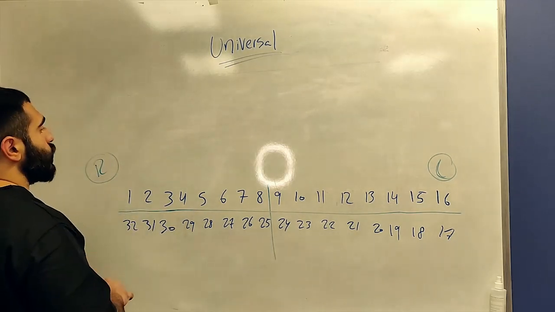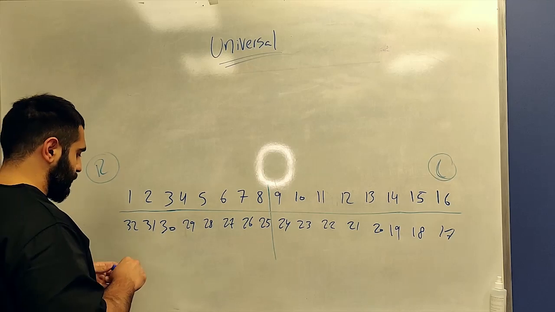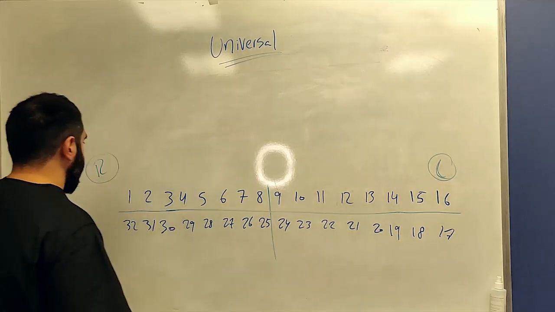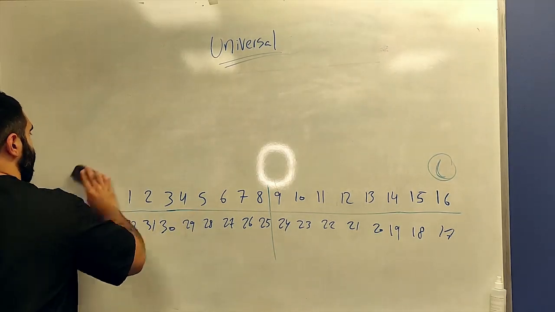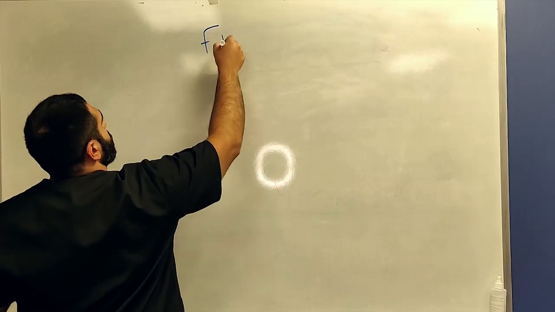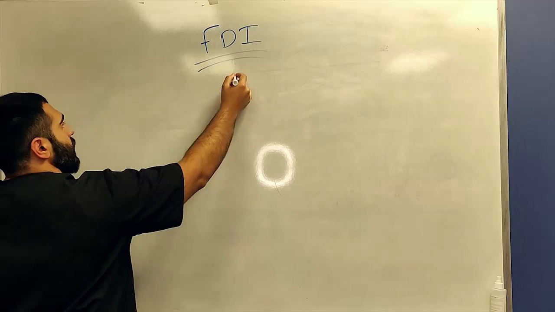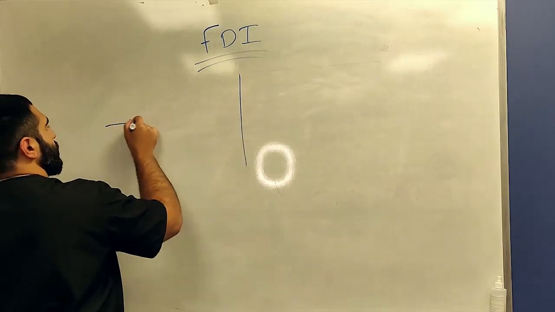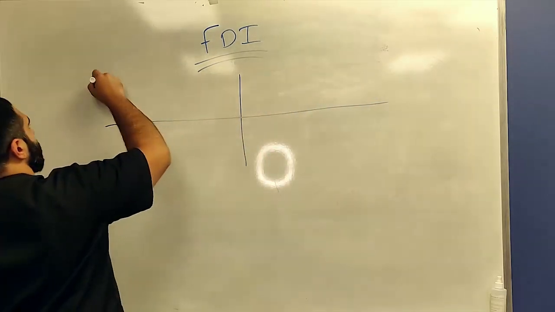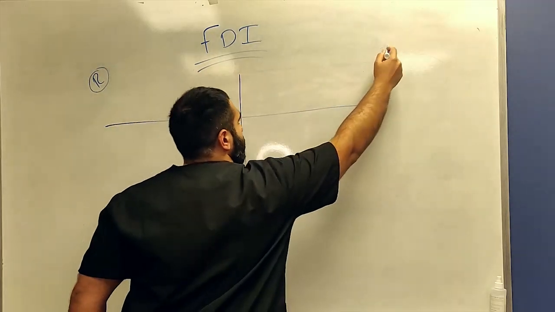Now we're going to talk about the FDI numbering system. So in the FDI tooth numbering system, again, this is our right, this is our left.